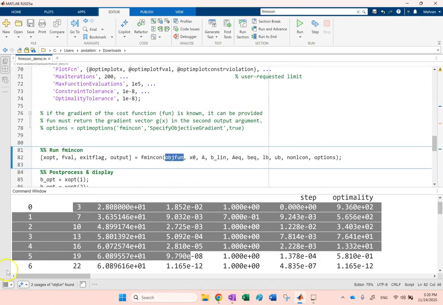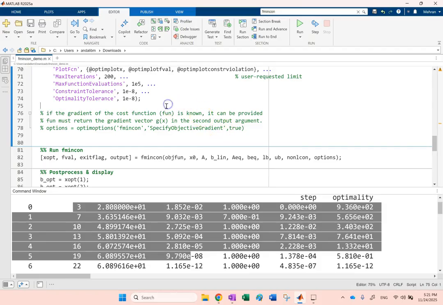And so if your cost function or your constraint function is such that you know the gradient of it, you can provide it. So it doesn't need to calculate it numerically by finite difference. That makes your calculations faster and easier.